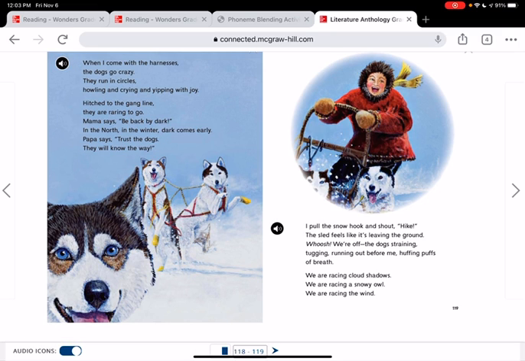So, do you think the dogs are excited or don't like sledding based on their reactions? Because they run in circles and they howl and cry and yip with joy. So, they probably like it. All right.